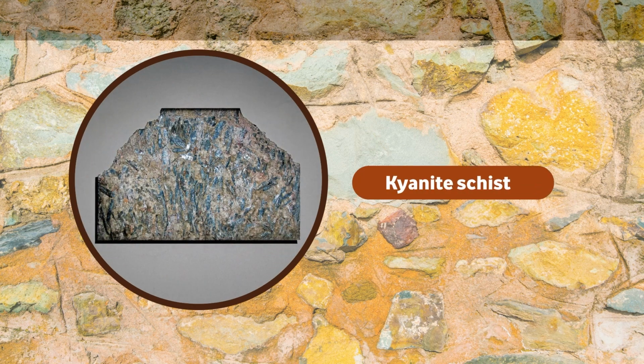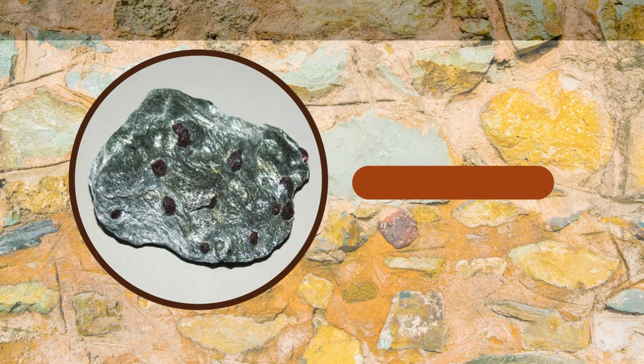If I see the presence of kyanite in a schist, then I will call that a kyanite schist. The presence of garnet itself refers to a specific pressure temperature stability field for my rock which is formed by metamorphism.